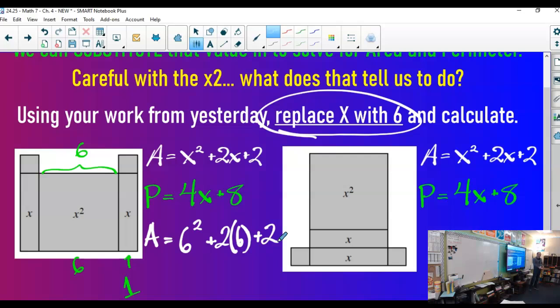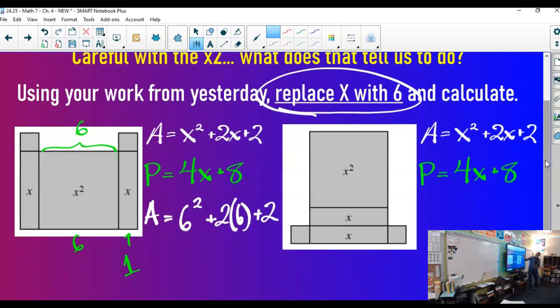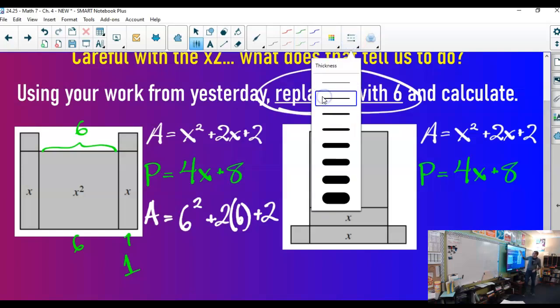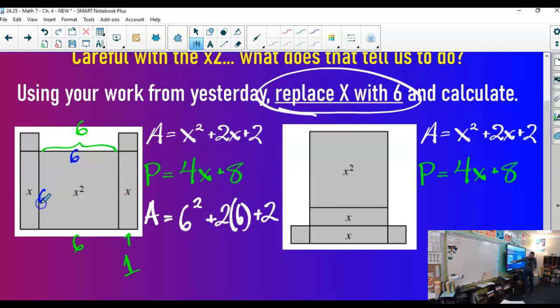Careful. 6 squared. Anyone talk me through what 6 squared is actually having us do? You just times 6 by itself, so 6 times 6, that's 6 squared. Yeah, guys, 6 squared is saying if this is 6 and if this is 6, how big is this?